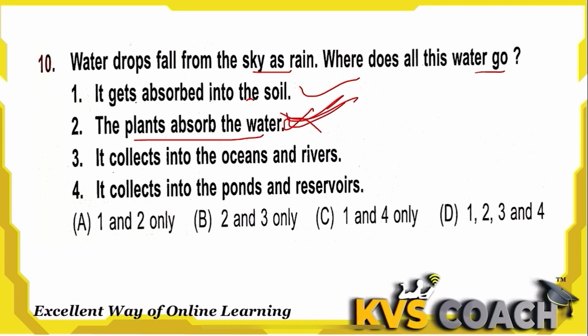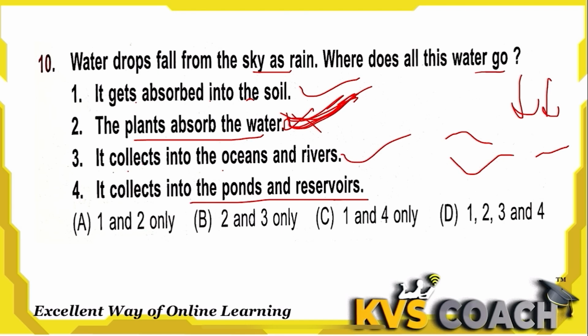So this is right. It collects into the ocean and rivers. Yes, when water comes to the land, there are also oceans and rivers, and it collects in them. It collects in ponds and reservoirs. Yes, that is also right. So all four options are correct, and option D is the right answer.